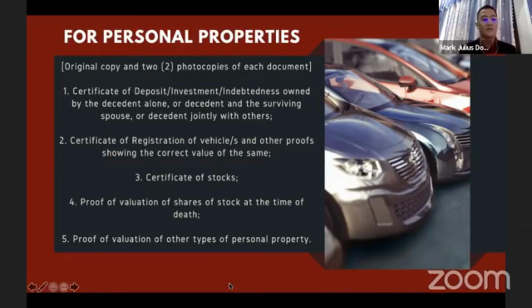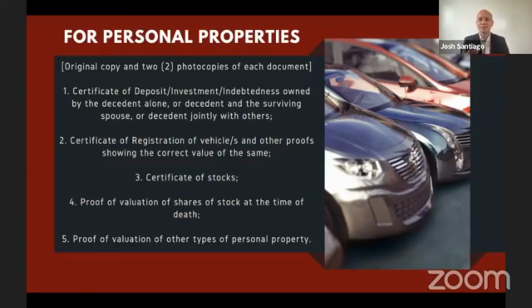I'd like to add as well that for those, there's a BSP circular that for bank accounts where there is a co-owner or co-depositor, there is a BSP issuance that says that it is presumed that the other co-depositor owns half of the bank account.